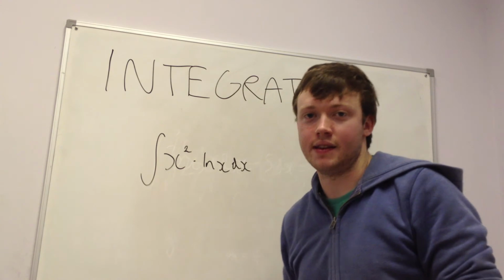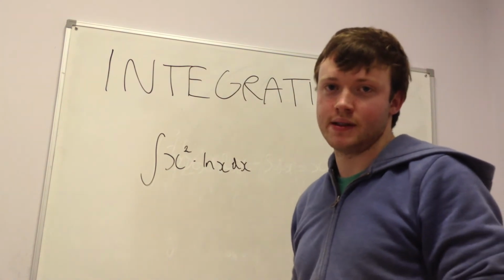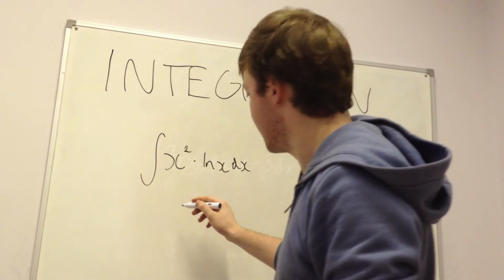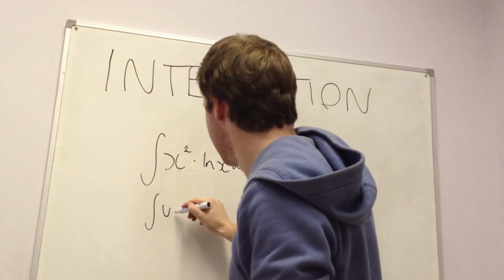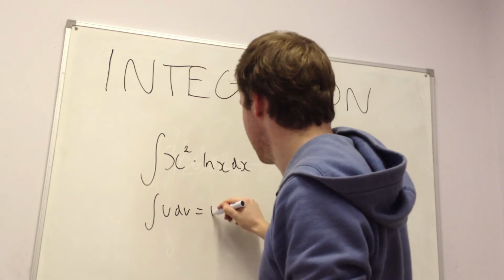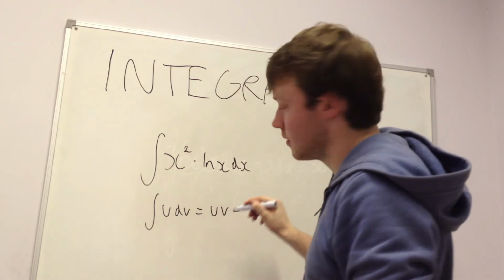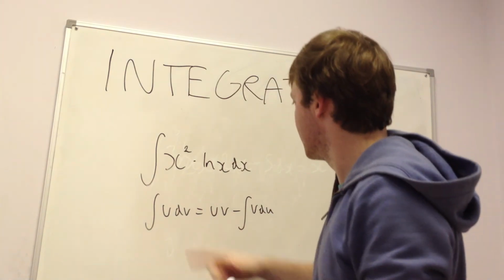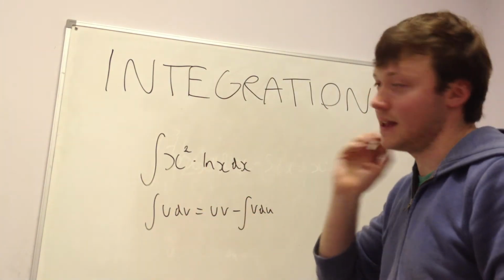So the technique we need to use is called integration by parts. And this requires a formula that looks like this. So this corresponds to this part of the equation here.